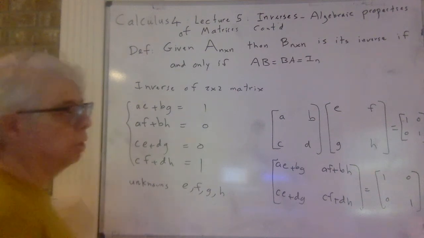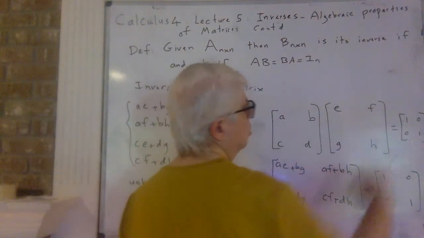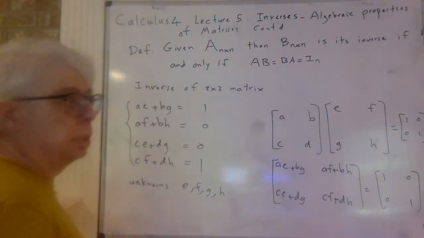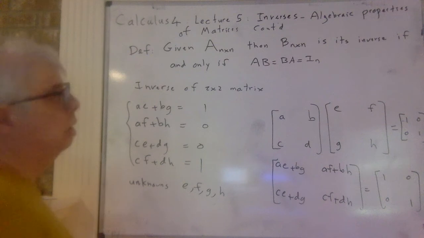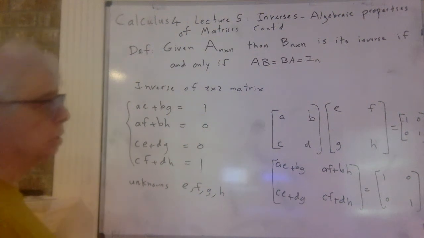That would have 100 squared, that's 10,000 entries. So I have to solve 10,000 equations in 10,000 unknowns. So there should be a different way to do that, rather than just solving a system of equations like this.